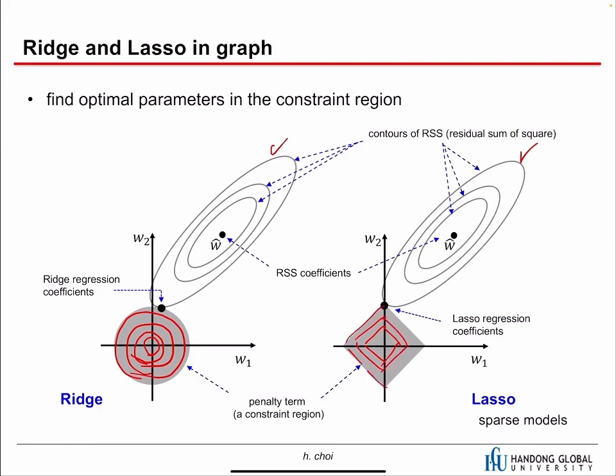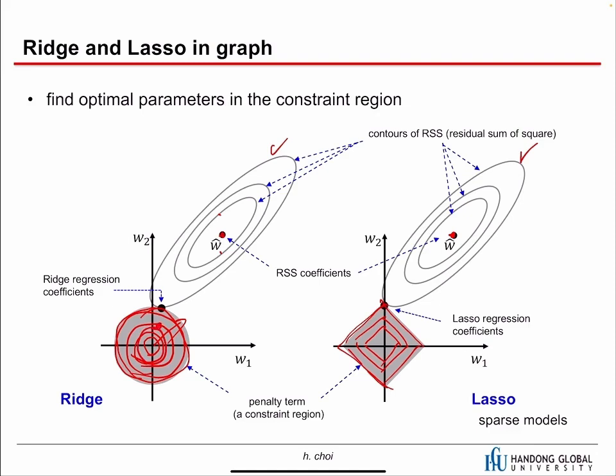So we have to minimize this loss function, and at the same time we don't want to increase this circle or this rectangle. Without the constraint, without the regularizations, then the solution should be around here and here, the same solution. But with these constraints, then we have to minimize this function, and at the same time we have to shrink this circle. Okay, so depending on this parameter, then we can find the solution around here.